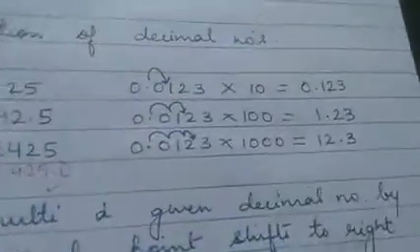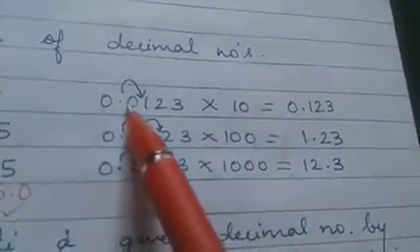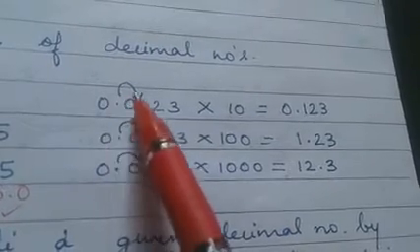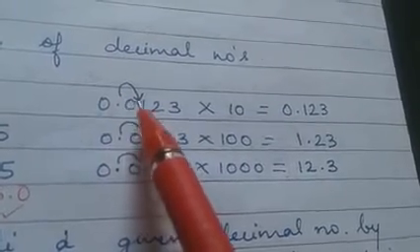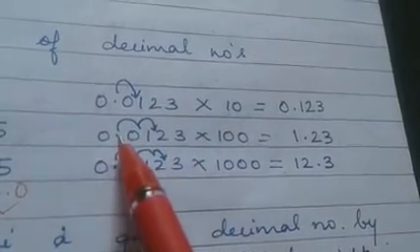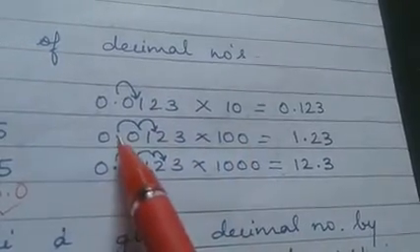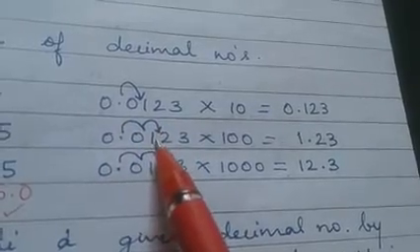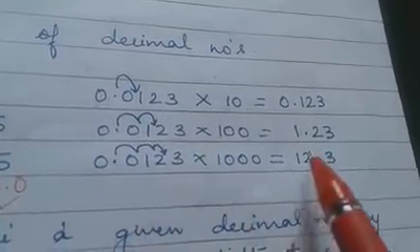Okay, now let's see another example. Here also multiply by 10, the point is here, so it will be 0.123. Here the point is here, multiplied by 100, 1, 2, so 1.23.